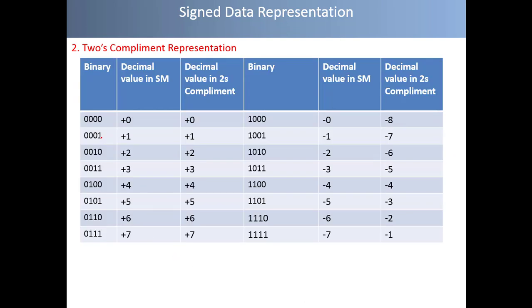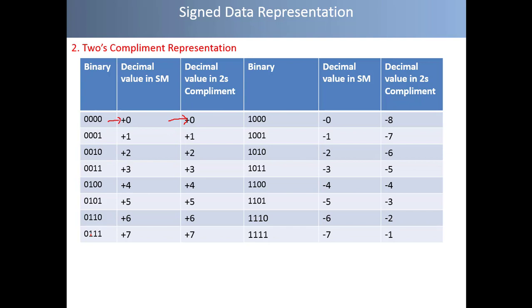In this table we have combined the sign magnitude and 2's complement representations to show the difference between the values. We start with a given 4-bit number. We have 0000, and its decimal is +0 in sign magnitude form, and when it is treated in 2's complement, the result is also +0.